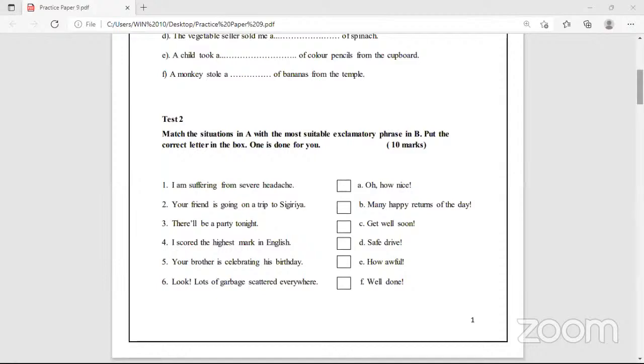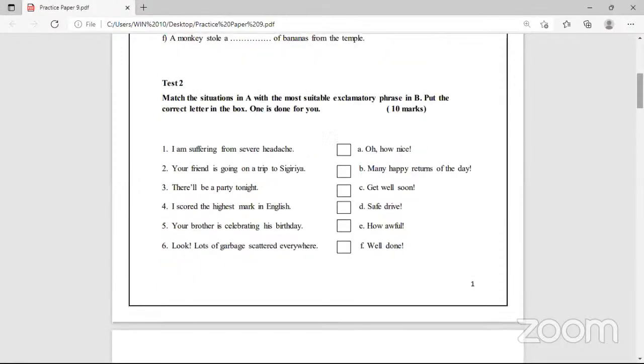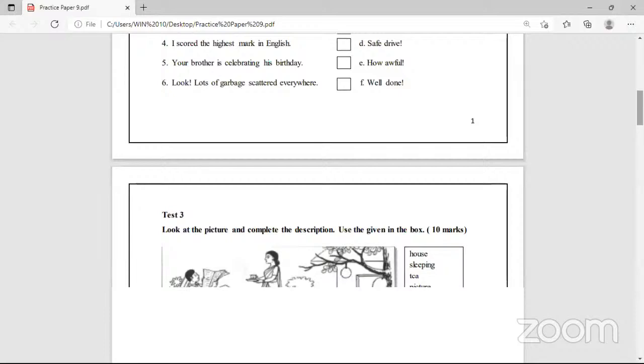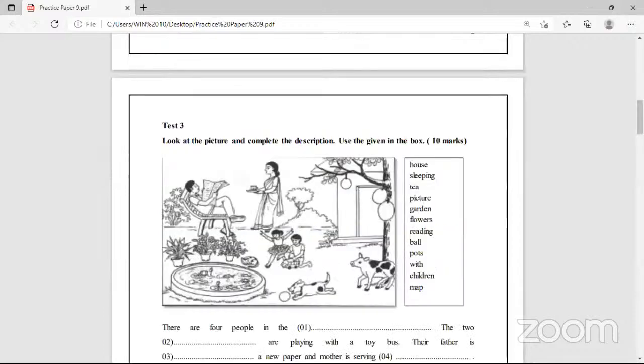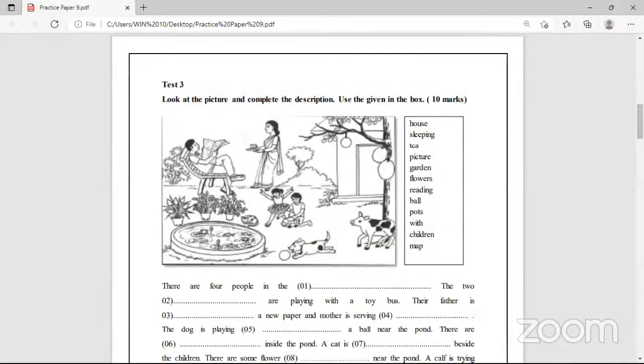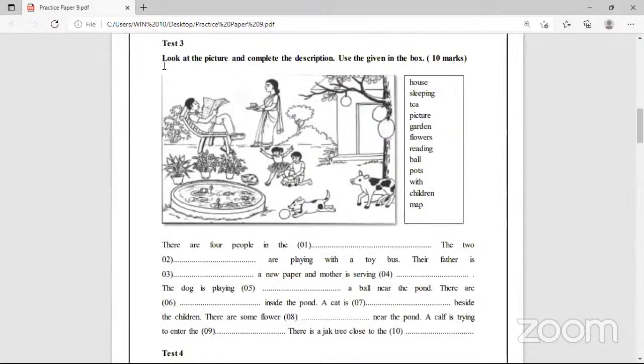Right, let's move to the third question. Right, please do this one. Right, thank you for your answers.